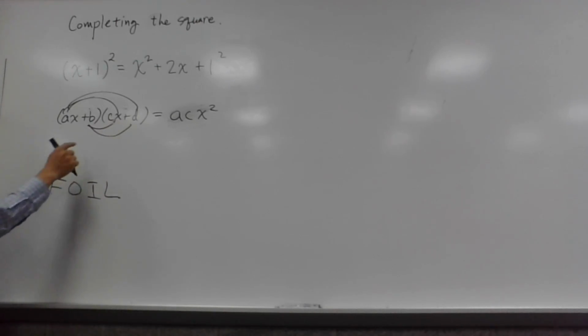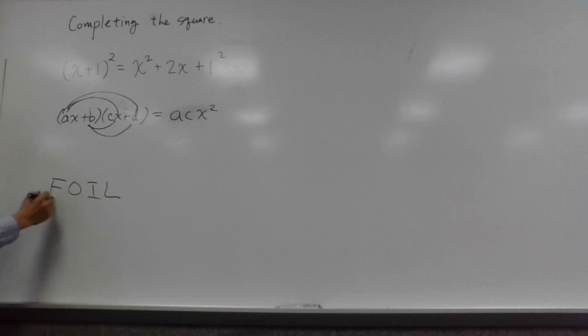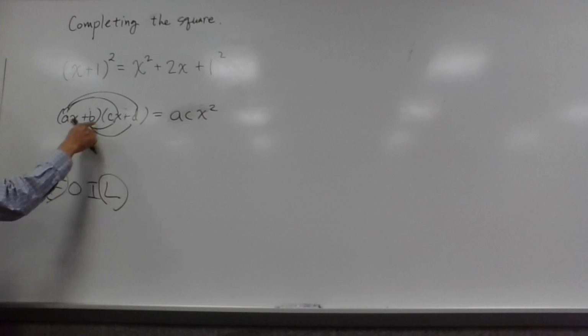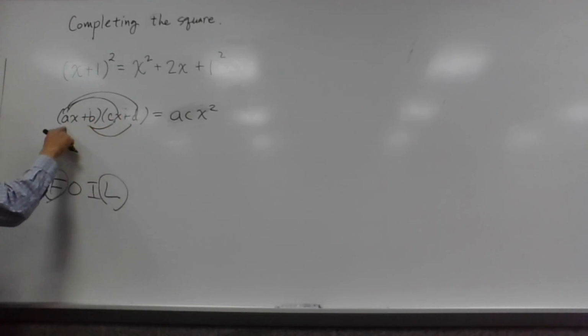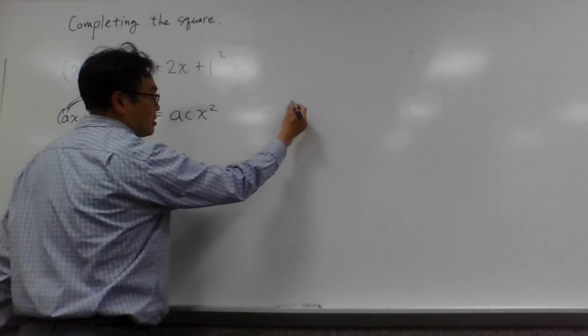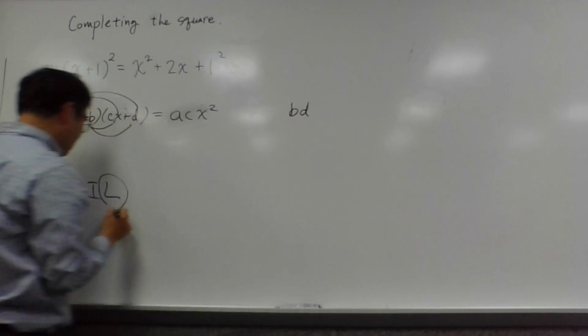And then if you multiply the lasts, B is the last of these two and D is the last of these two, if you multiply, you get BD. So that comes from this L.